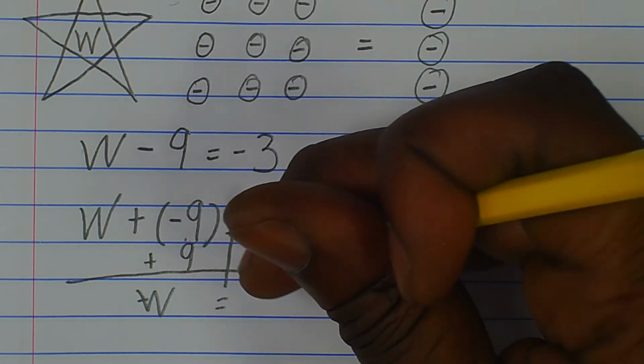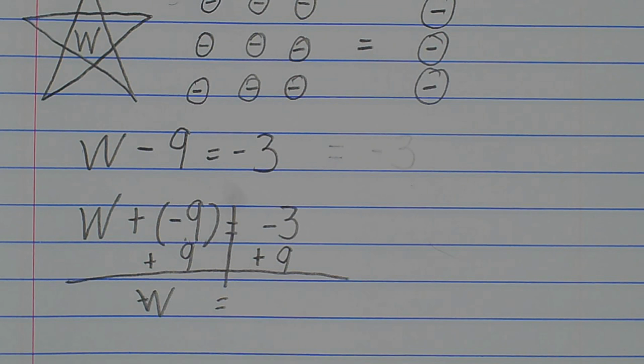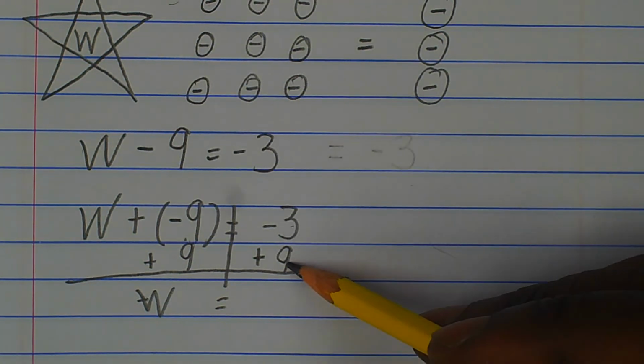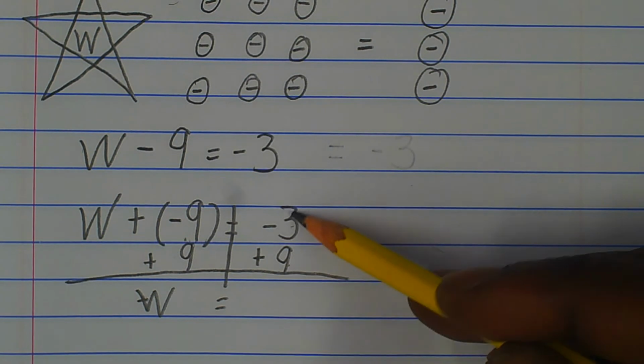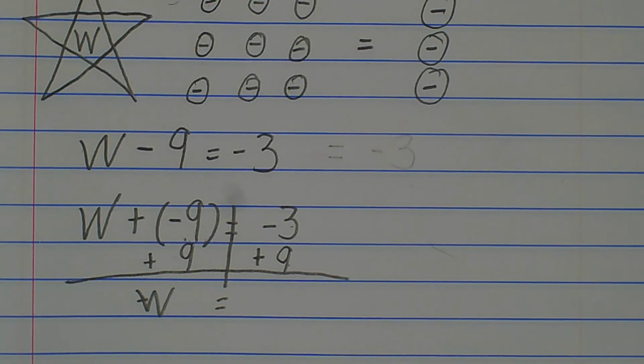And then we're going to do the same thing to both sides. Okay? So now, of course, we have integer rules, different signs. We subtract and take the sign of the larger absolute value. So, of course, W should equal what value?